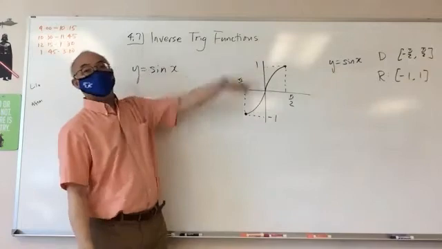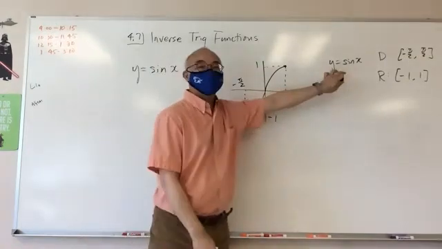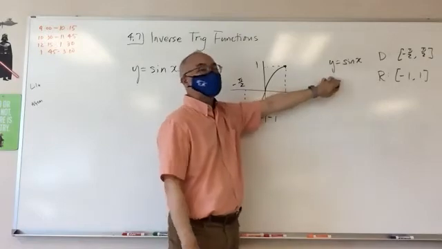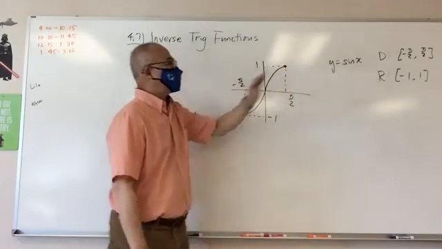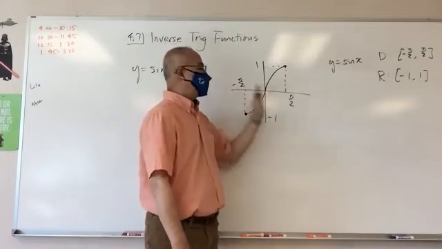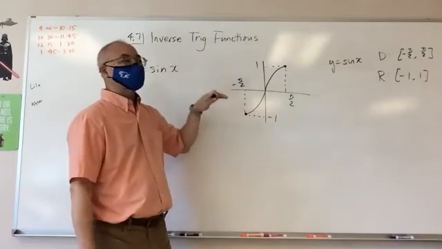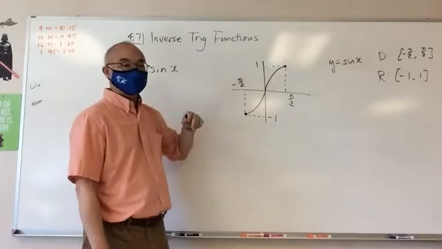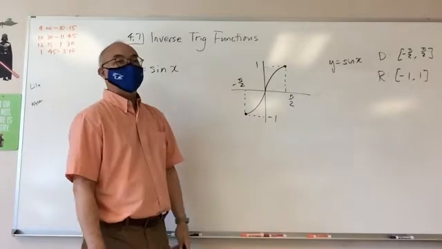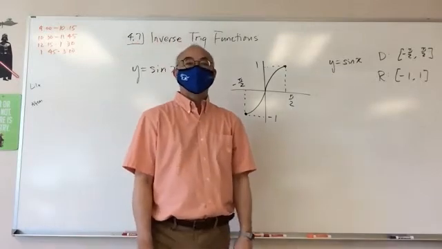Range is -1 to 1, correct? And so this is the function that I'm looking at. I'm talking about y equals sine x, but a specific domain from negative pi over 2 to pi over 2. We're talking about just this domain. Okay. So now we're going to find the inverse function.